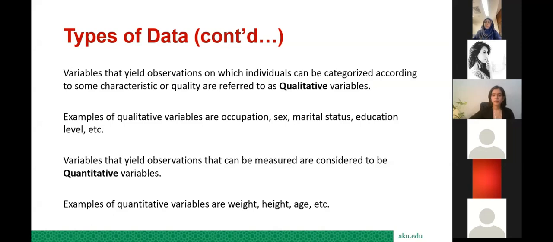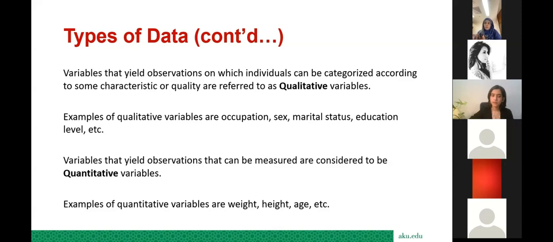Household monthly income, again, can be a qualitative variable, because it has categories: low, middle, and high, right? Quantitative variables are variables that are numbers. They do not have any categories. The simplest examples, which are usually used, are age, weight, and height. These are all quantitative variables.